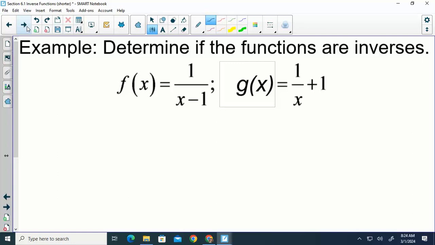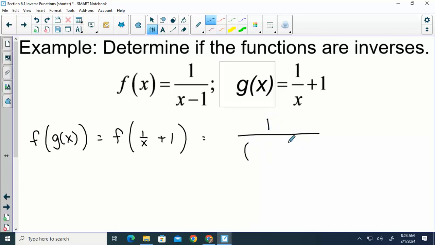So let's do f composed with g first. So g is 1 over x plus 1. And I'm putting that into f. So f is 1 over whatever we plugged in minus 1. And the thing I'm plugging in is the 1 over x plus 1.